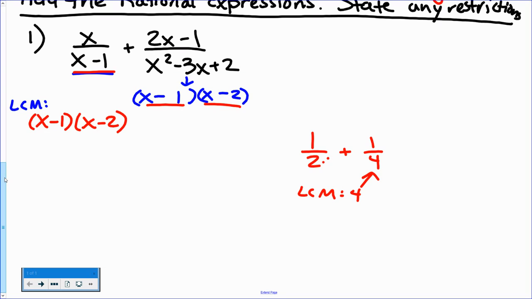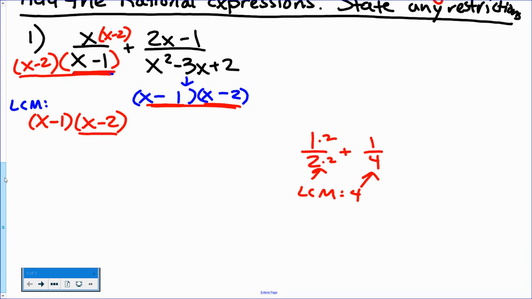Well, I'd have to multiply this by 2 so that it would become a 4, and I'd have to multiply the top by 2. Okay, so that means I must multiply this denominator by x minus 2, because that's what it needs so that they would be matching denominators, just like I did with 2 times 2. But if I multiply the bottom by x minus 2, I must also multiply the top by x minus 2.